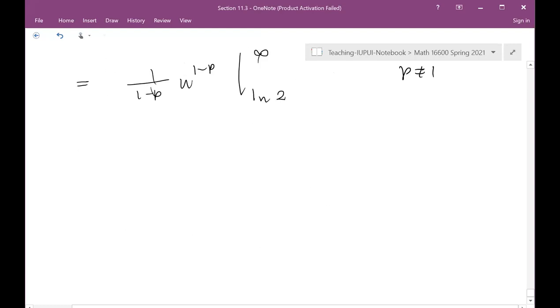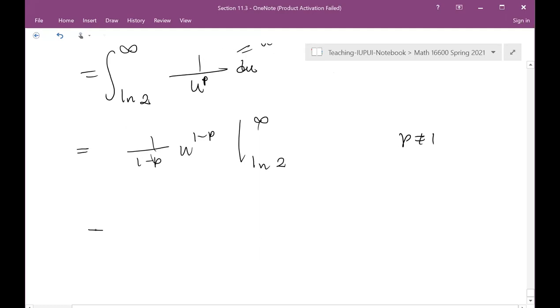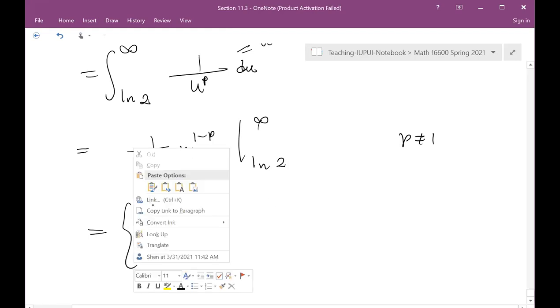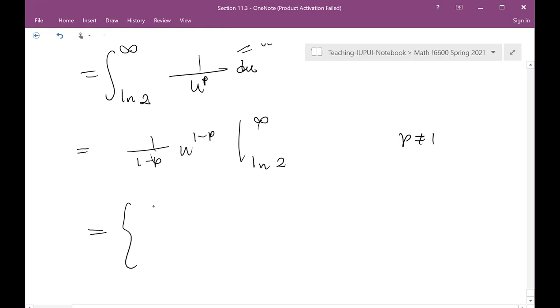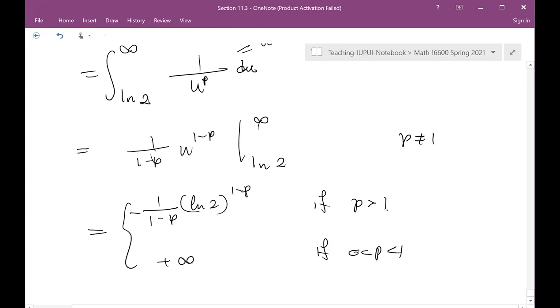Clearly, when p is greater than 1, this is going to be finite. If p is less than 1, this will be infinity.